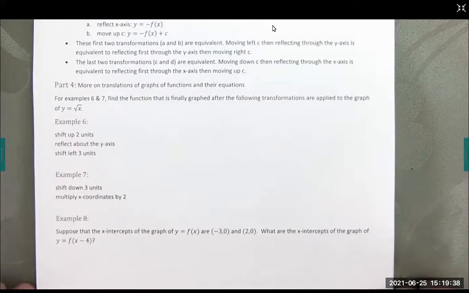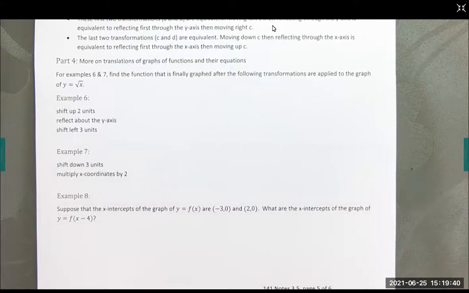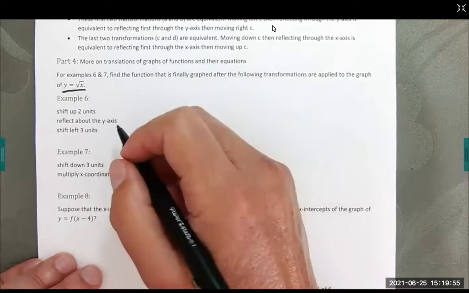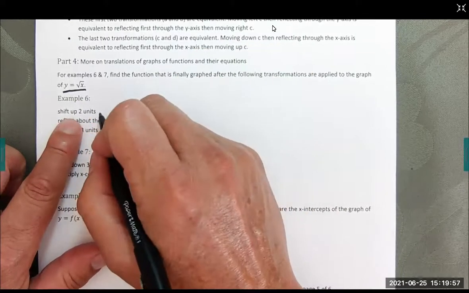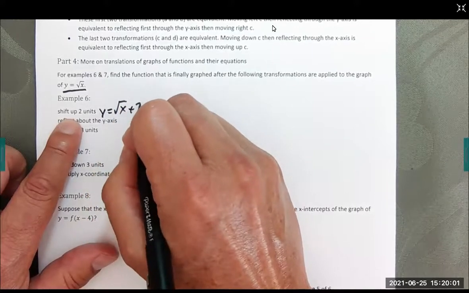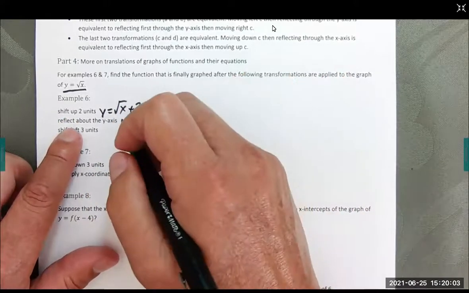Part 4. These examples coming up: find a function that is finally graphed after the following transformations are applied to the graph y equals root x. So this is our parent right here. We're going to shift up 2 units, so y equals root x plus 2. Reflect about the y-axis.